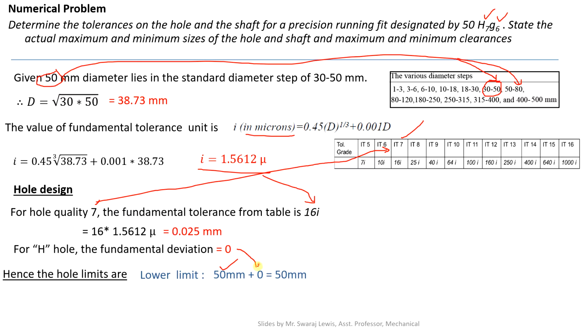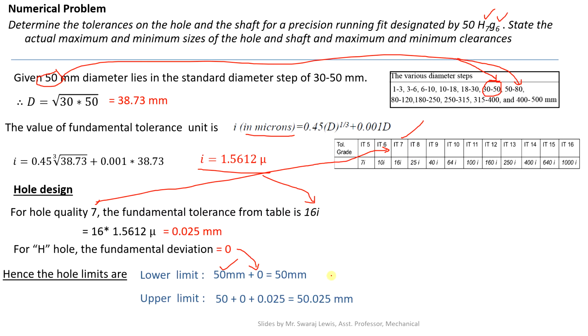You get the 50 mm answer. Whereas the upper limit is the lower limit plus the fundamental tolerance, or we can write it as 50 plus 0, that is the previous answer, plus fundamental tolerance. You get the answer 50.025 mm.